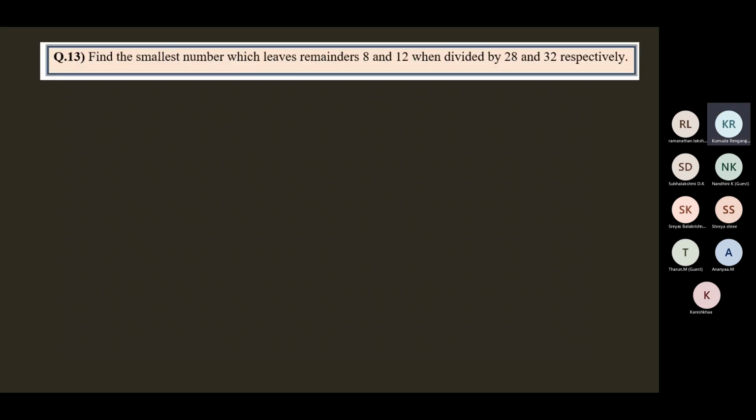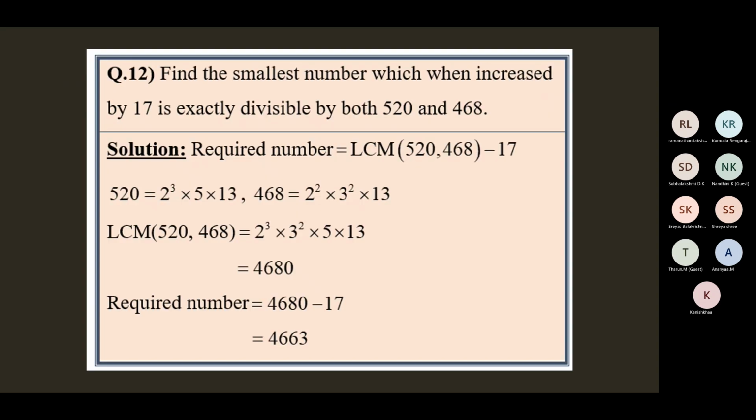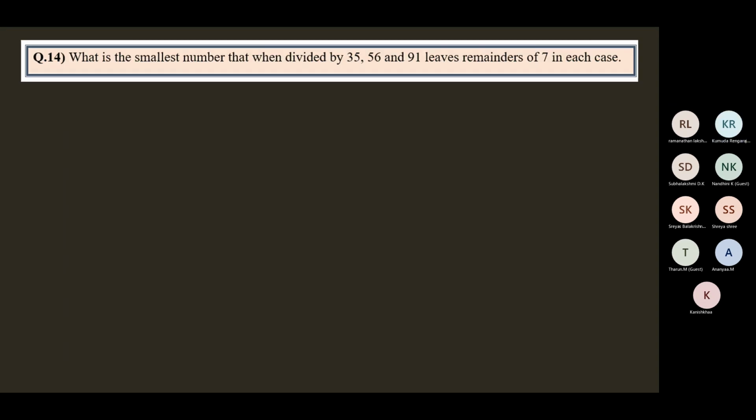See, these are 3 different situations. So here also you'll have to find the numerator, because that smallest number, whatever you're finding, when you divide it by 35, by 56, by 91.